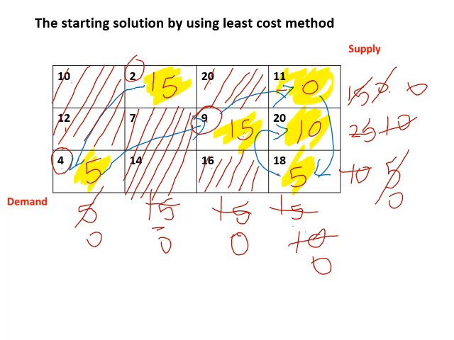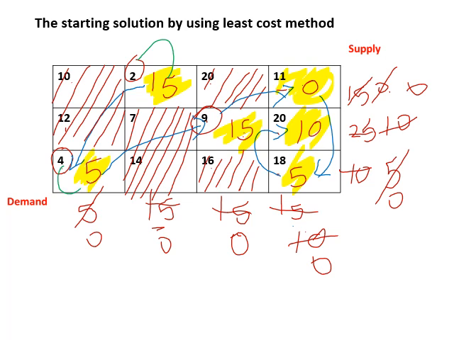Okay, let's now move to the last step in this method, which is calculating the starting solution for this problem by using least cost method. As we do in the northwest corner method, we will multiply each cost by its associated quantity shipped.